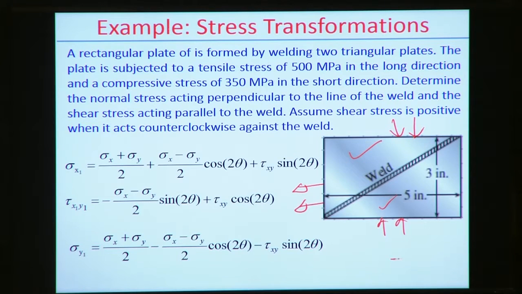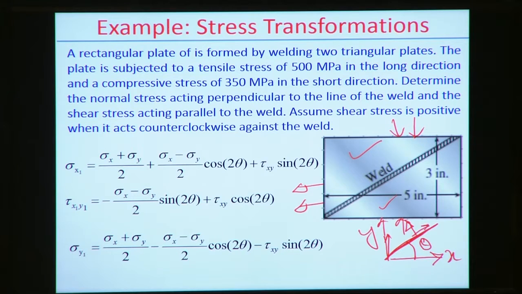So if we define this as the x-axis and this as the y-axis, it is something like that. The weld joint exists along this, so it has some angular orientation theta. Now we need to find out the normal stress perpendicular to the line and the shear stress acting parallel to the weld.